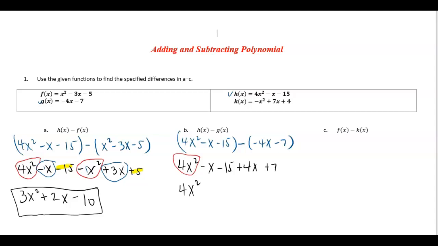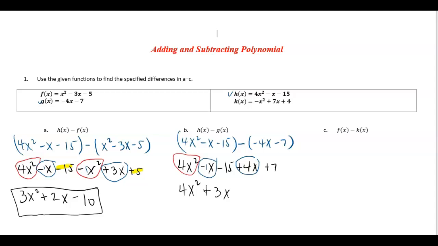Then we're gonna go ahead with the x term. So we got negative x here, and we got positive 4x. Now that negative, that's with negative 1x. Okay, so negative 1 plus 4 is 3. So we're gonna have plus 3x.